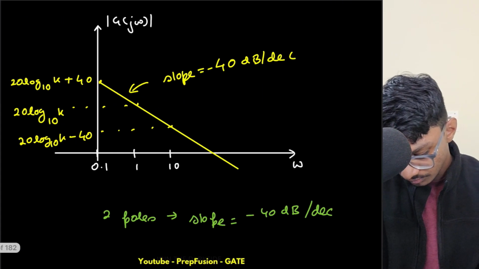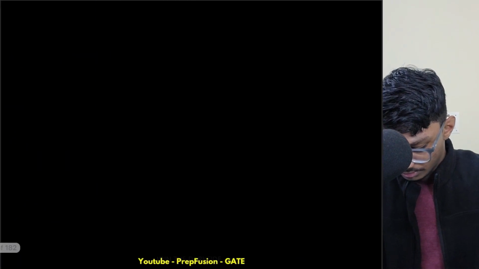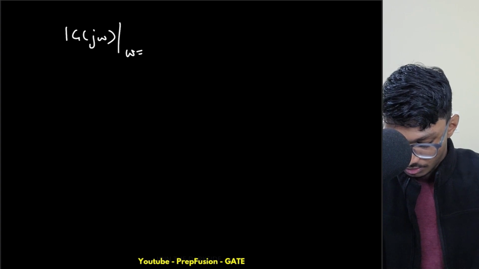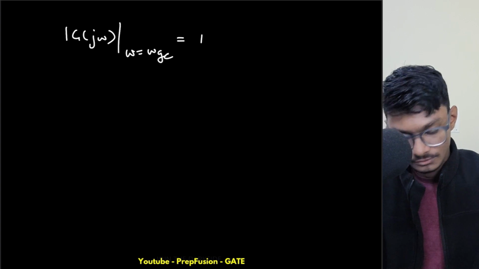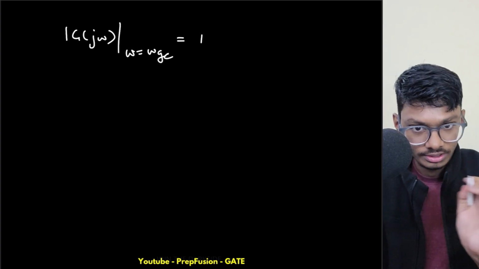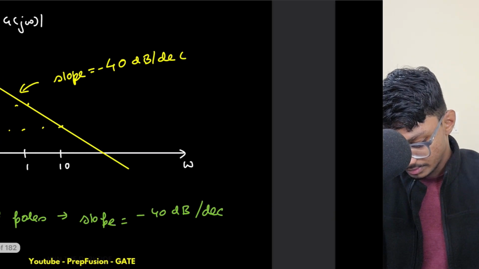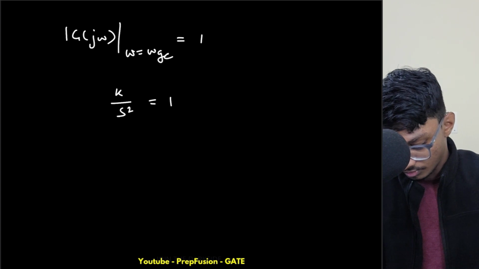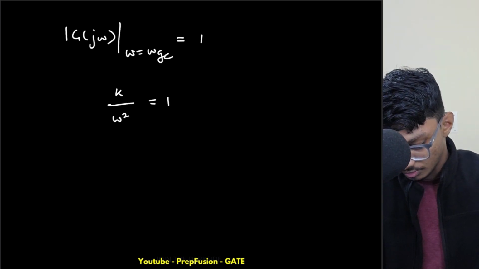So here, what will my omega gc be? The magnitude of G(j omega) at omega equals omega gc is simply 1 in absolute terms, not in dB scale. So it is k by omega square equals 1.